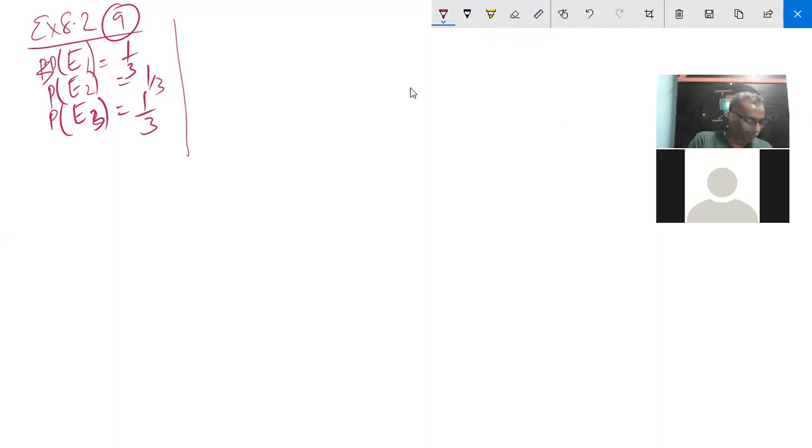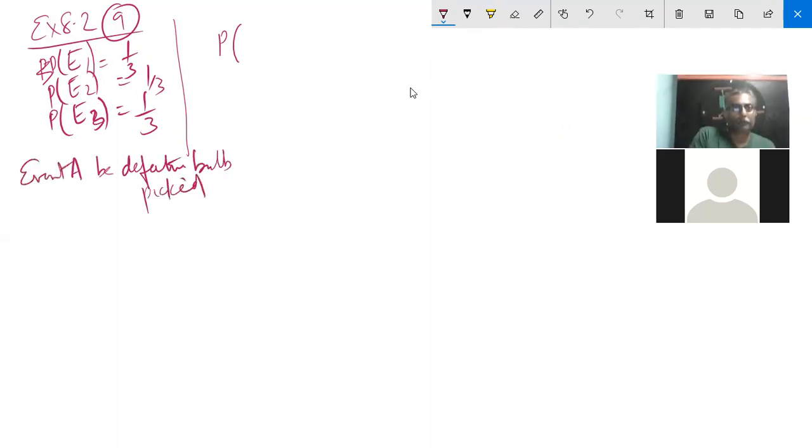Now the probability of defects. Let A be the event of picking a defective bulb. The probability of putting your hand into box 1 and picking a defective bulb is P of A by E1, which is given as half.